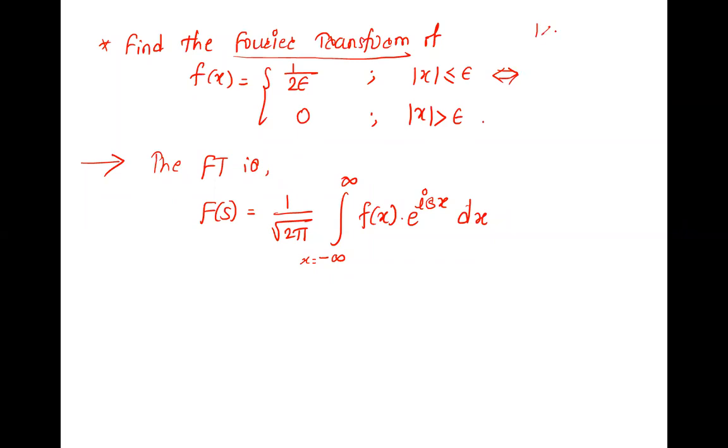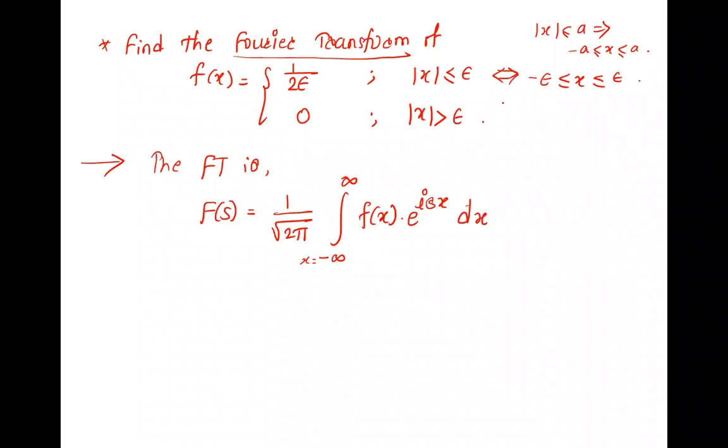Mod x is less than a means x lies in minus a to a. So here mod x less than or equal to epsilon means minus epsilon is less than or equal to x is less than or equal to epsilon. Is that correct?